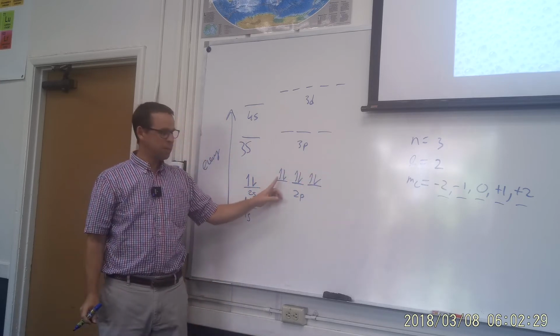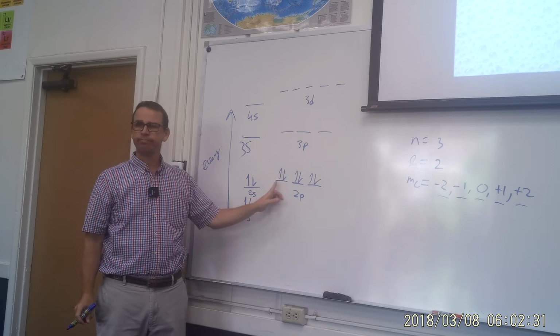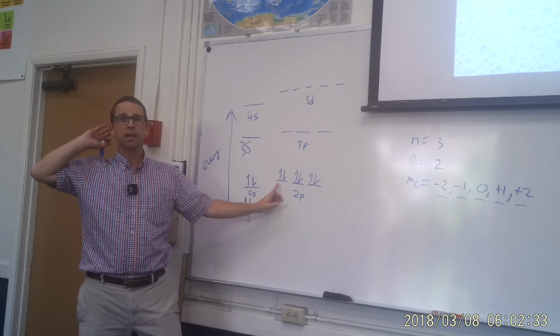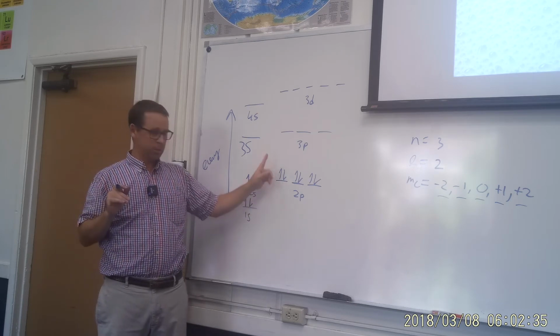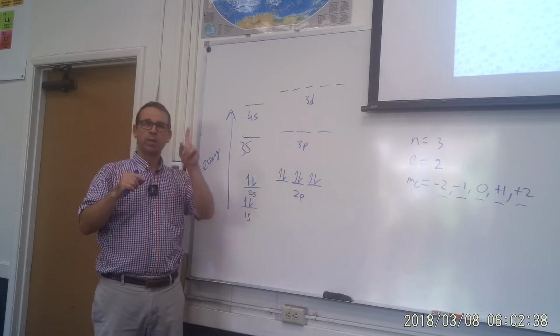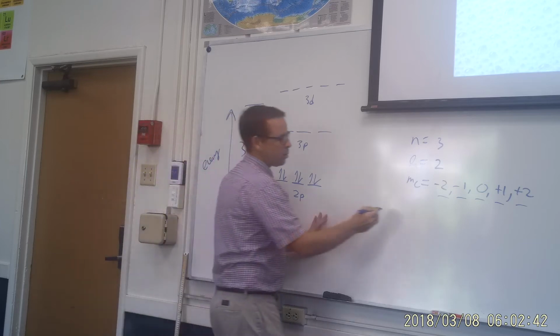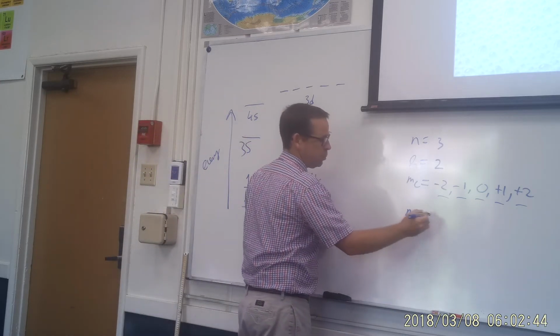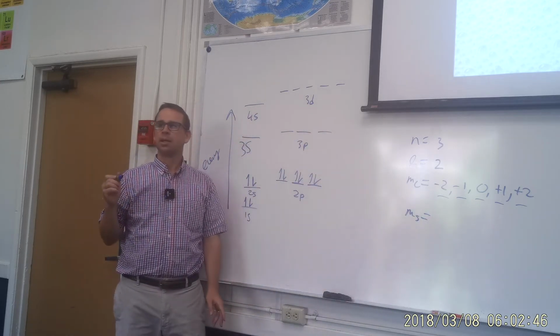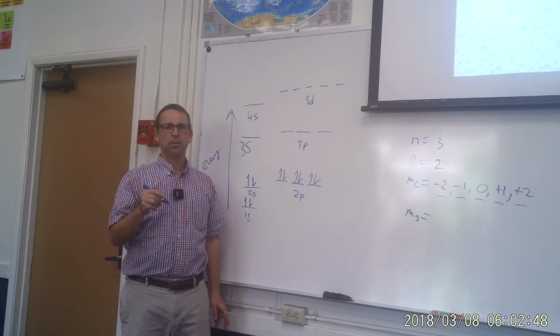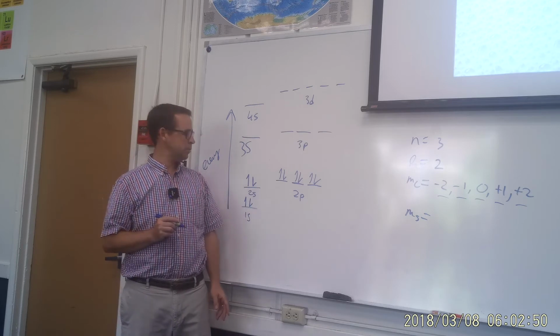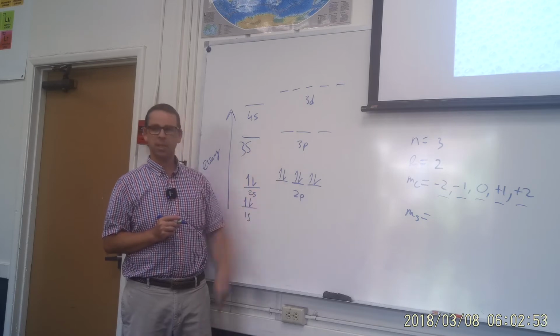What did I say this up and down arrow represents here? Electrons, yep. Why did I draw one up and one down? That represents our m sub s value. Do you remember what m sub s can be? That's right, either -1/2 or +1/2. So this is +1/2 and that's -1/2.